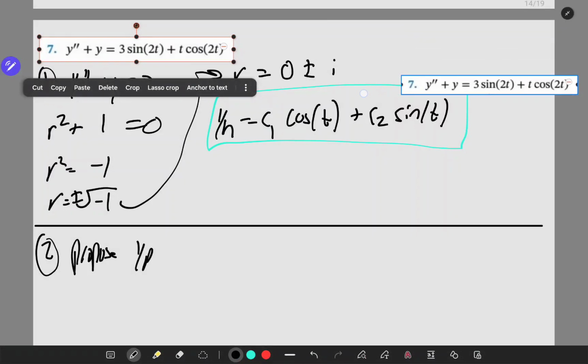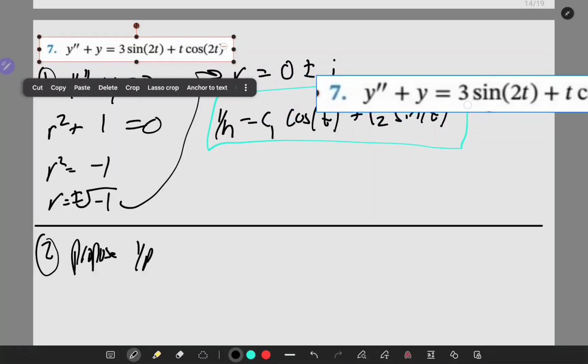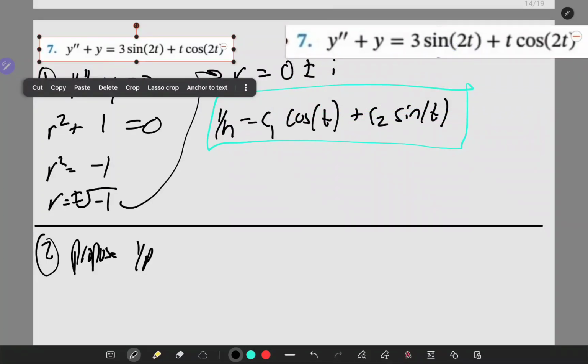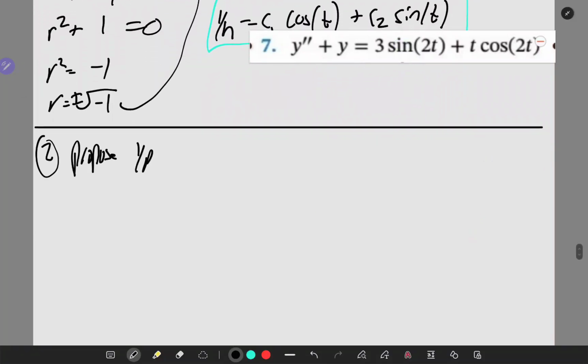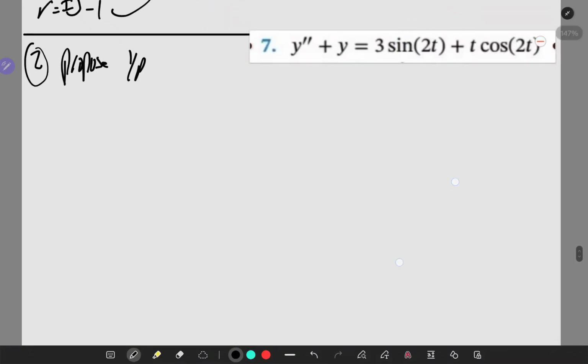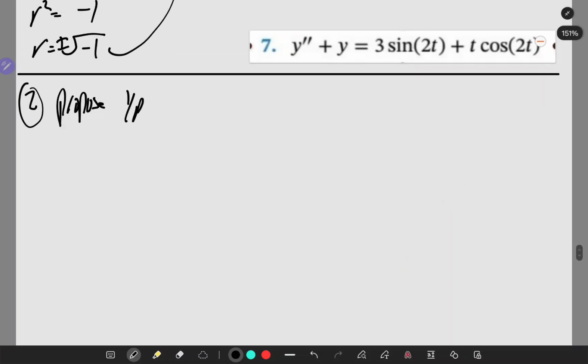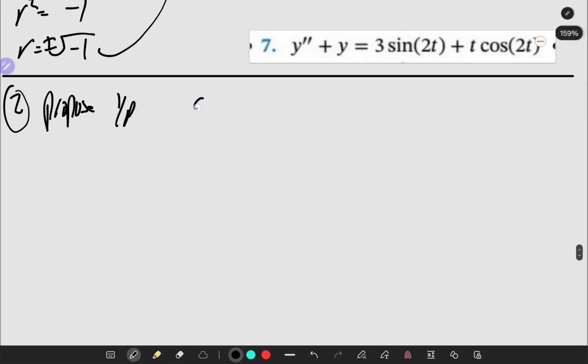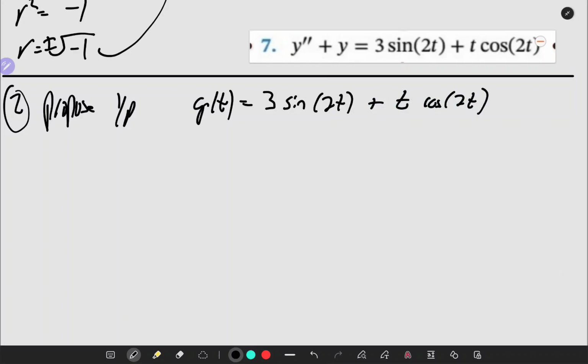This way we can see the problem at all times. Okay. So our g of t is 3 sine of 2t plus t cosine of 2t.